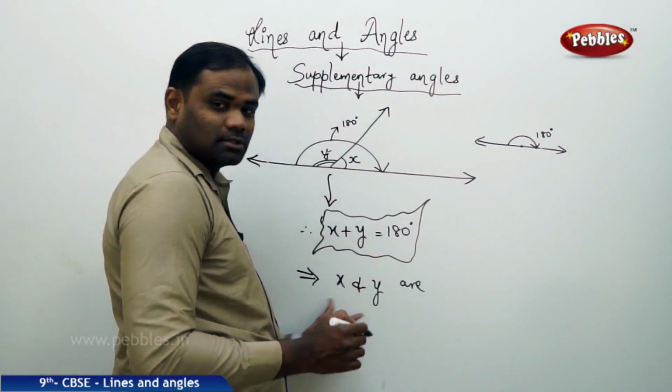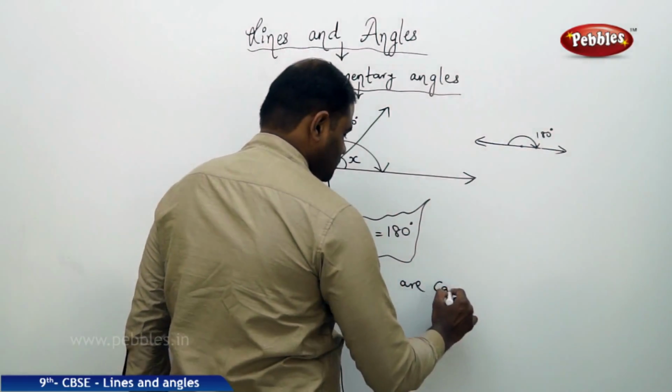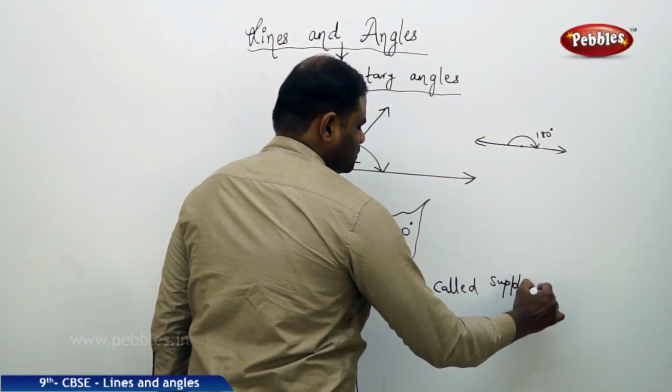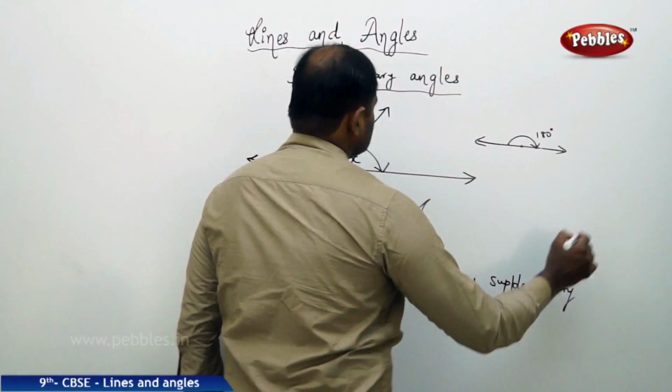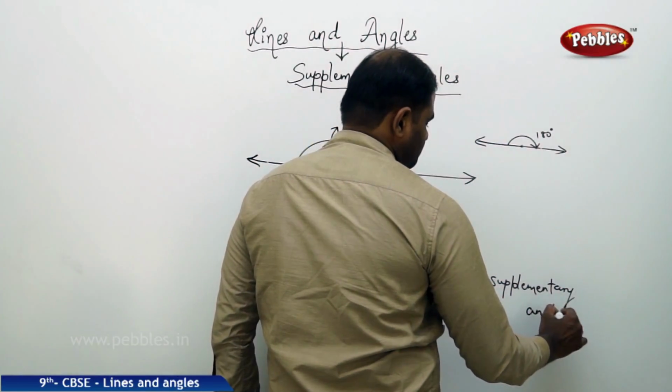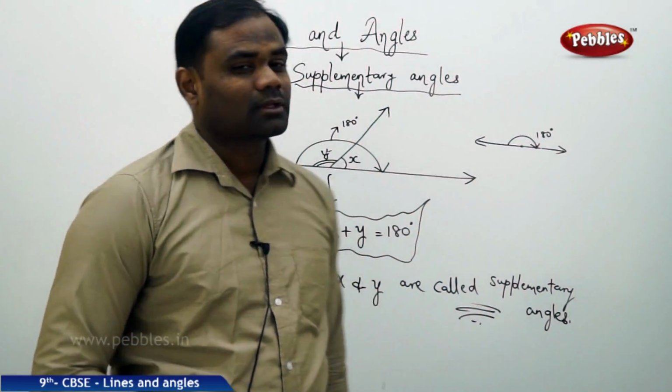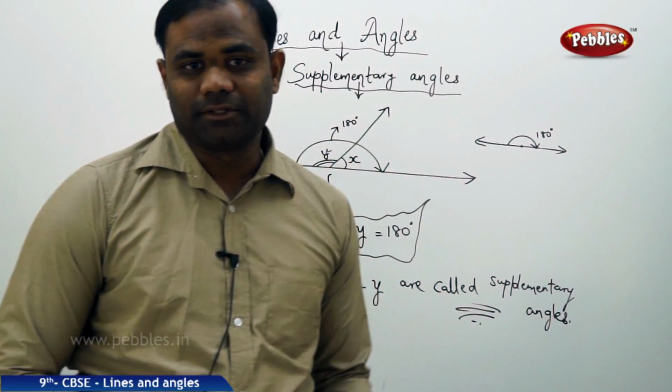If this equals this, it implies x and y are called supplementary angles. Supplementary angles and its definition.